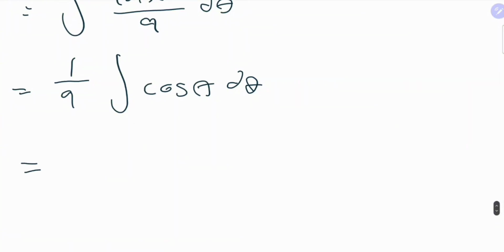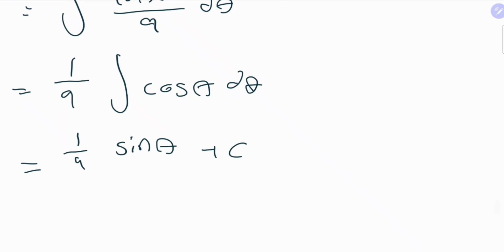So what is the integral of cosine theta d theta? The derivative of sine theta is cosine theta, so that means sine theta, plus c. Now we have to find sine.